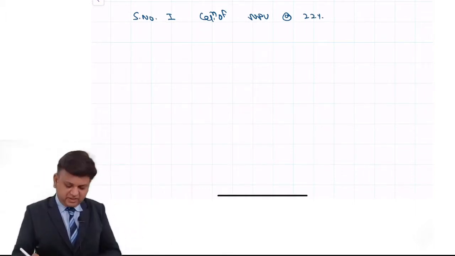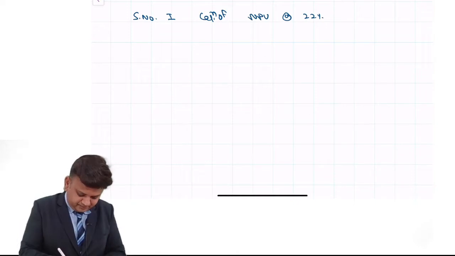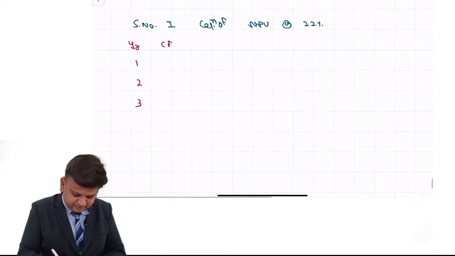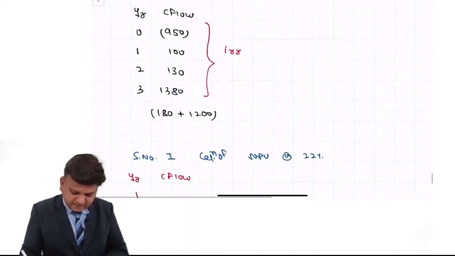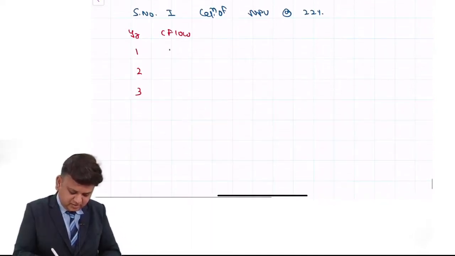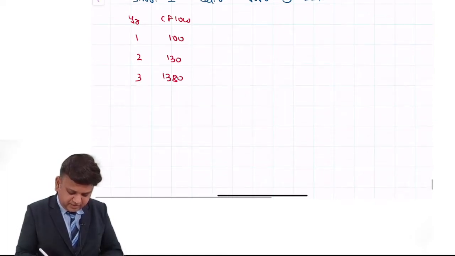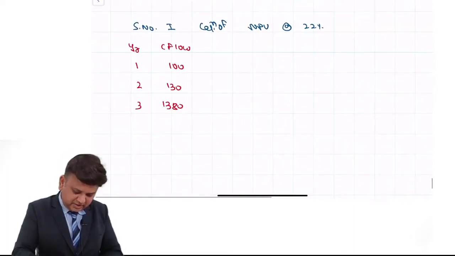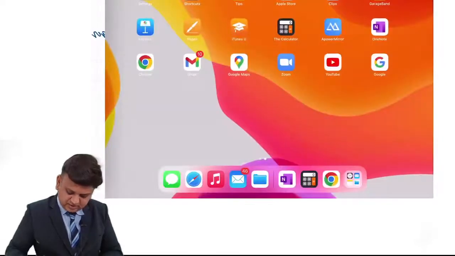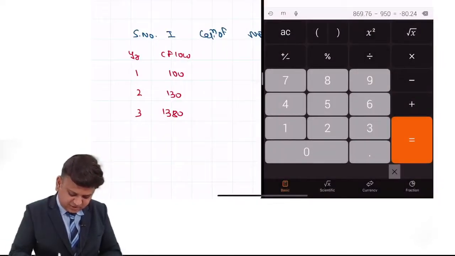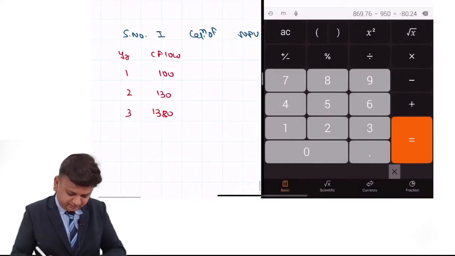So randomly I am taking 22%. First year, second year, third year. Cash inflow is 100, 130, 1380. Cash flows will be discounted at the rate of 22%.